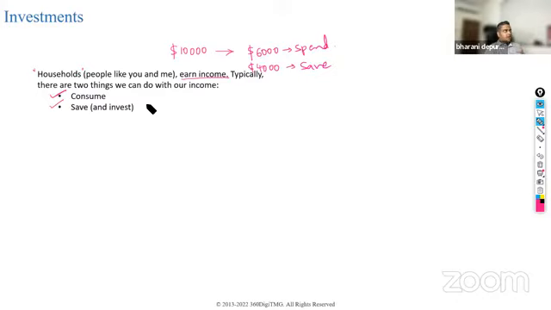I'm assuming that you're not taking this money and putting it underneath your mattress. If you just put it underneath your mattress and sleep on that, then you will not be earning anything from that saved money.